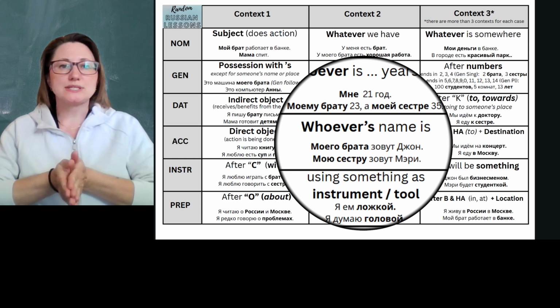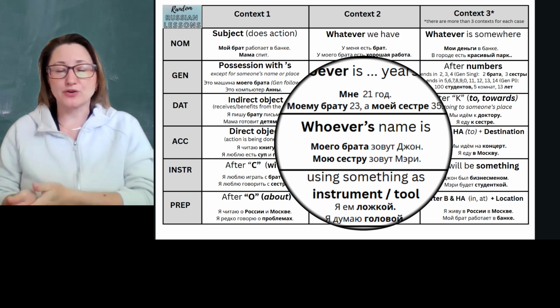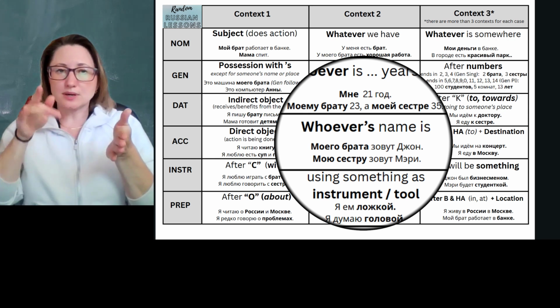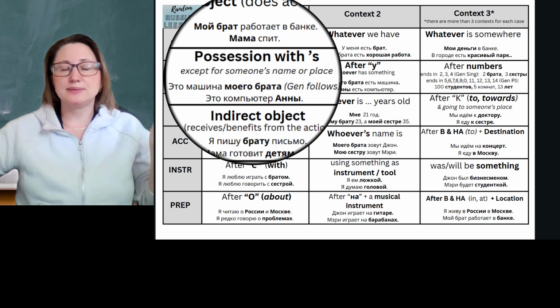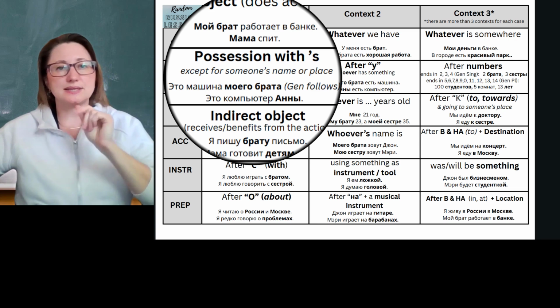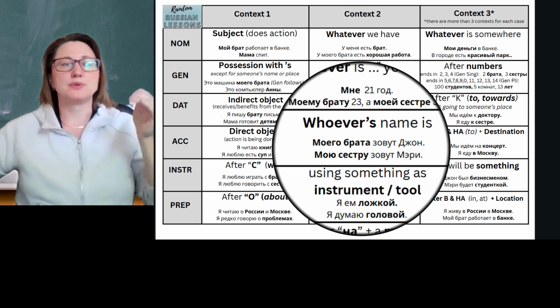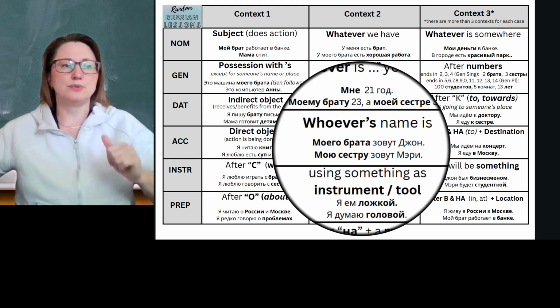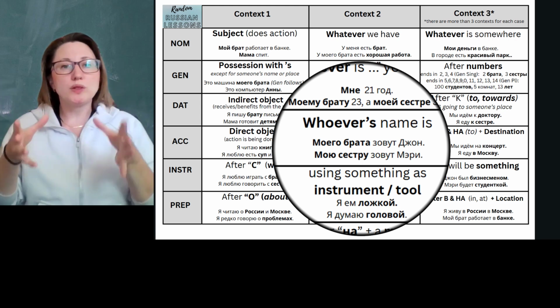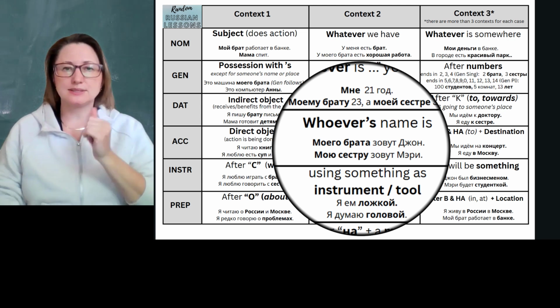So what happens when you want to say my brother's name is John or my sister's name is Mary? So when you use this, my brother's name, my sister's name. Remember when we looked at the apostrophe s, and usually we talk about possession and we use genitive, I said except for someone's name. So when you say my brother's name is, my sister's name is, my crazy neighbor's name is, my great professor's name is, all these words will actually be in the accusative case because whoever's name it is is going to be accusative.